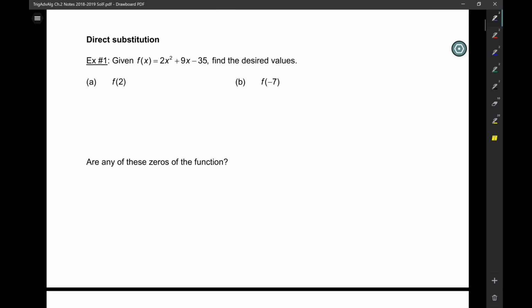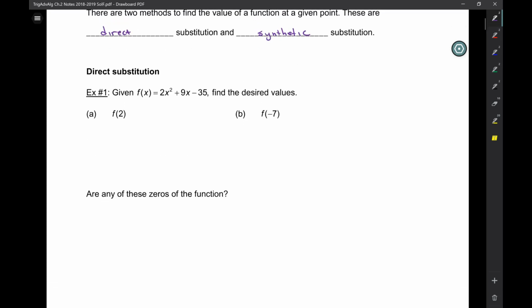All right, so let's first find f of 2. We're given this for f of x, and I want to find f of 2. We started out with f of x, now we have f of 2. So the x got replaced by a 2.